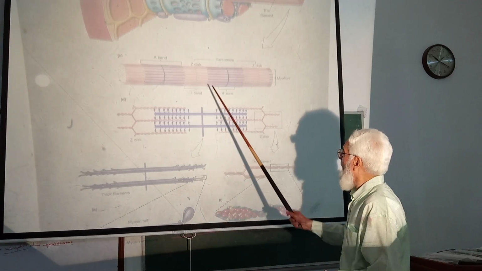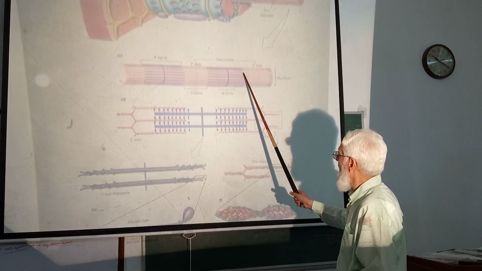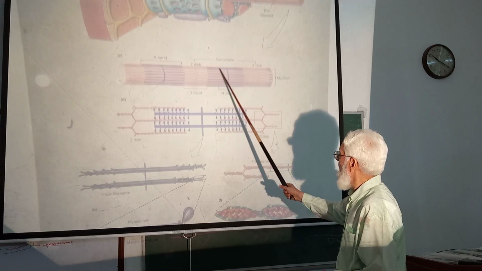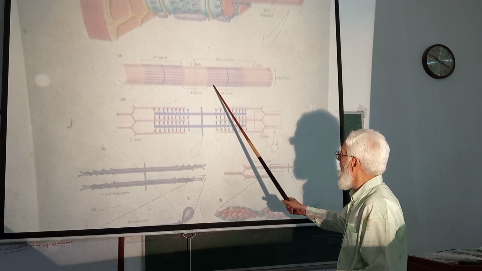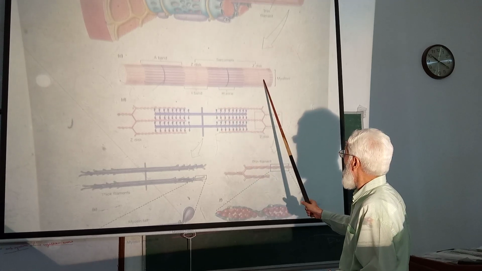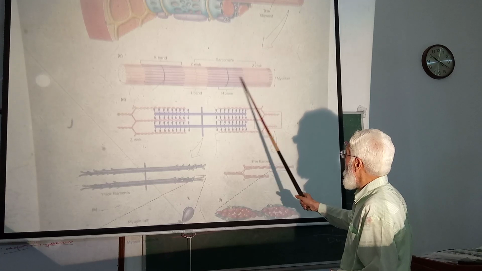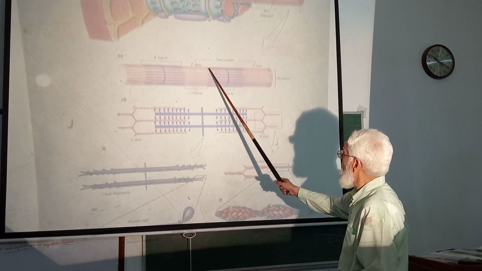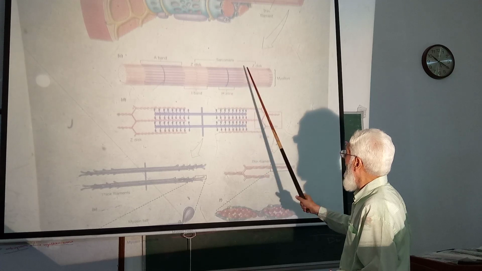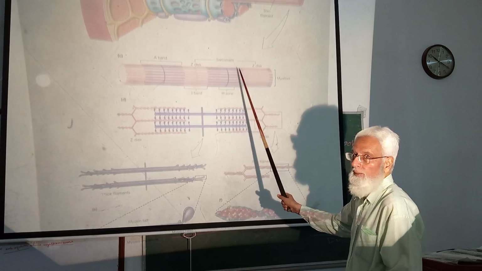You see, the sarcomere consists of the A band in the center, and then a portion of the I band at each end.